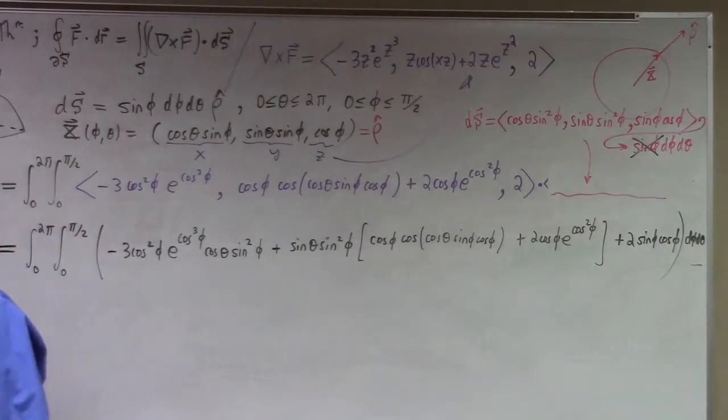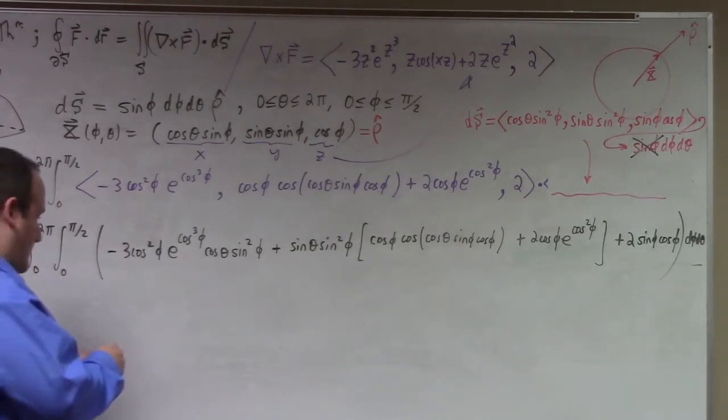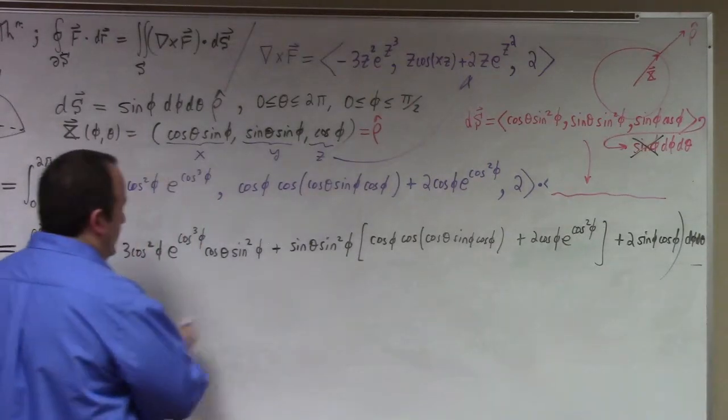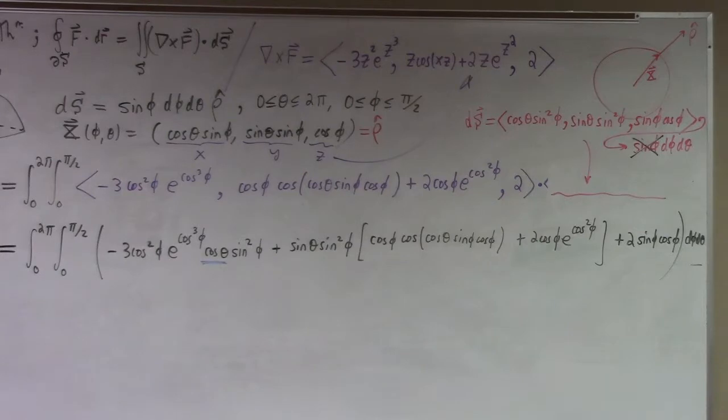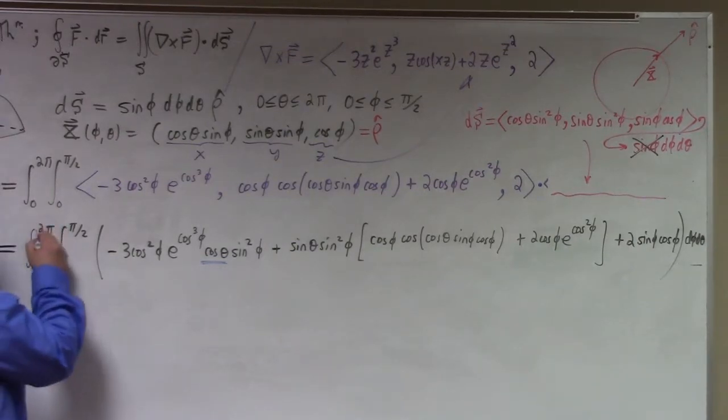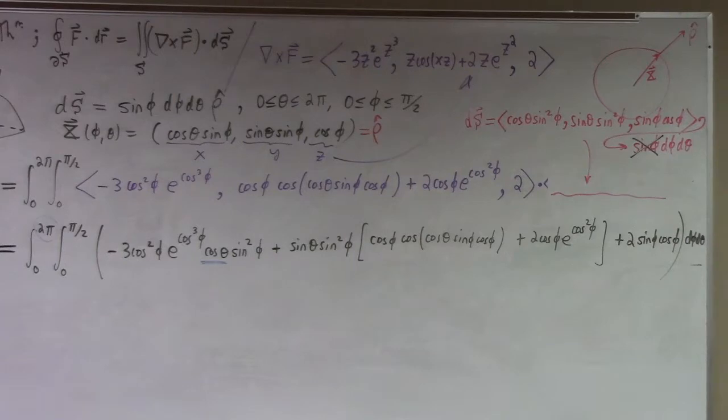All right. I am just itching for reasons to make these integrals go to 0. Aha. Look at this. This guy is the only theta dependence of that first term, and you're integrating from 0 to 2 pi in theta.